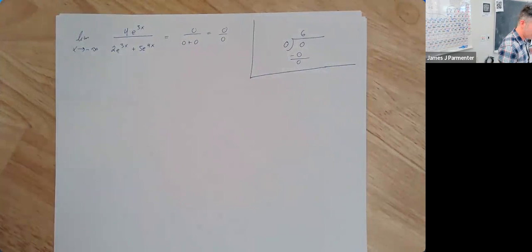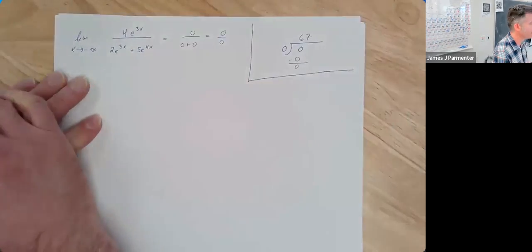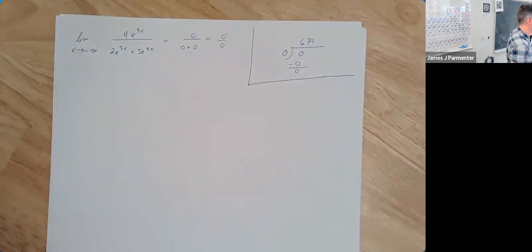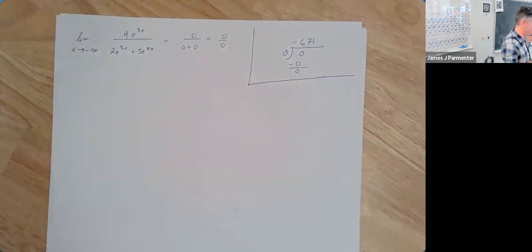I picked 6. Maybe you want to pick 67 or 671. No matter what number you put up there, even 0 or a negative number, this process still works. I would say works in quotations because it doesn't really. But the point is that when you have a 0 over 0, and we're going to see a lot more of this today, you can get any possible answer because it's what's called an indeterminate form. The answer is not determined until we do more work.